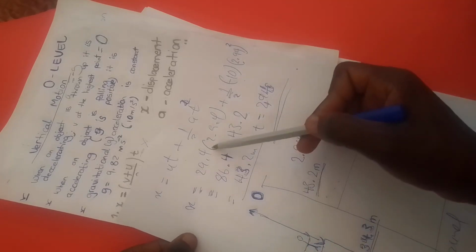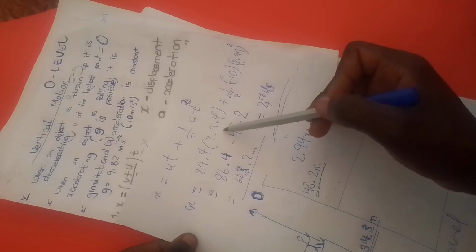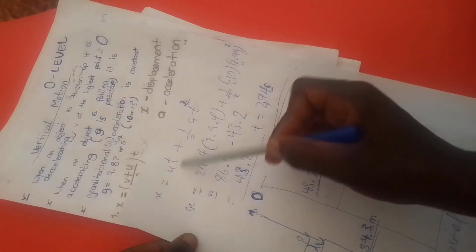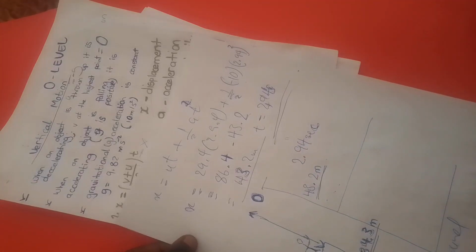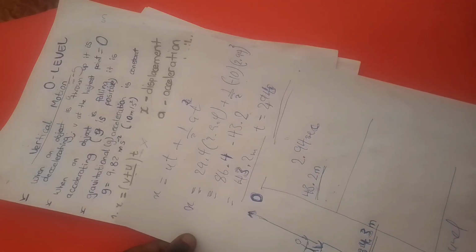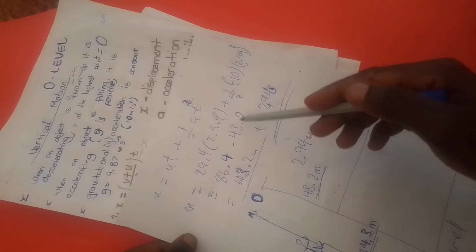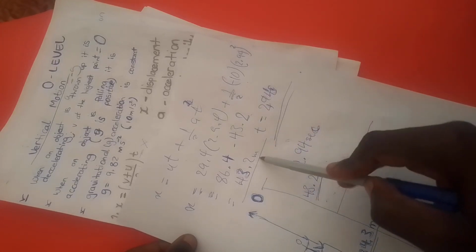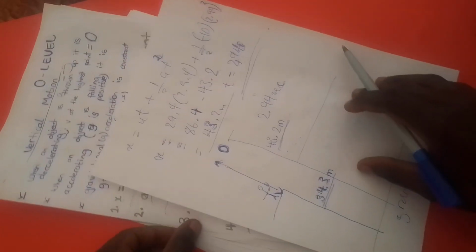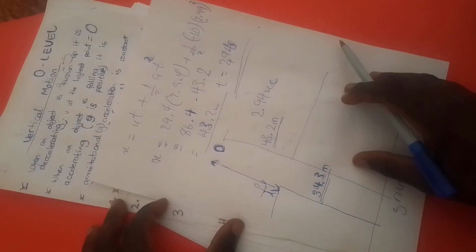Then 29.4 times 2.94, which is ut, will give us 86.4, rounded to one decimal place. So 86.4 minus 43.2 will obviously give us 43.2 meters. Okay, so that's the height the stone traveled from the thrower.